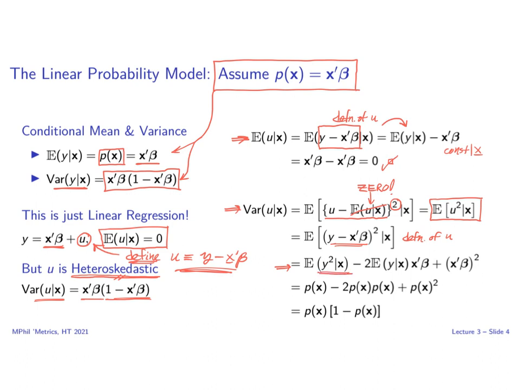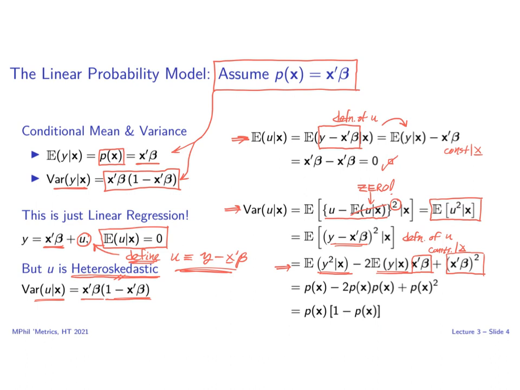Then we have a minus 2 times the expected value of y given x multiplied by x prime beta, where again here we have pulled out the x prime beta from the expectation because this is just a constant once we've conditioned on x. And the final term is x prime beta squared. Once again, this is not within an expectation because this is just a constant conditional on x.